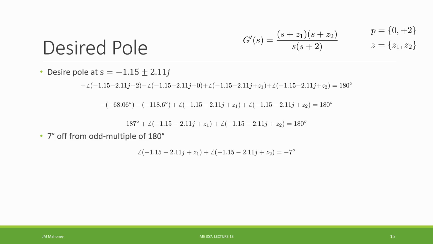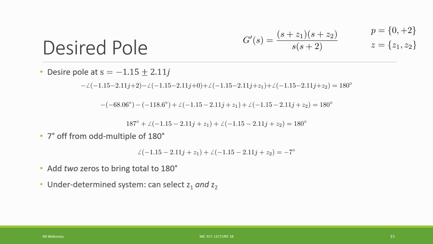Well, there's one equation, two unknowns. I have a continuum of choices here, so I need to select my z1 and z2 such that this is true. So it's not that any pair of z1 and z2 will work, but there are an infinite number of pairs that do. So I can select the z1 and the z2 in a similar manner to when we looked at the compensators. There was a 0 and a pole we got to choose in that case.